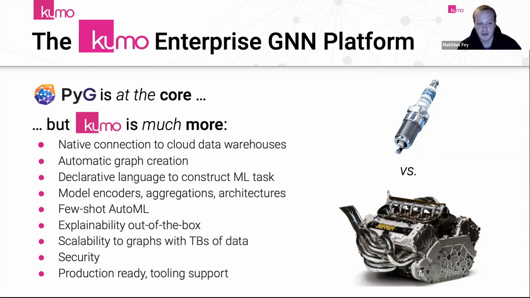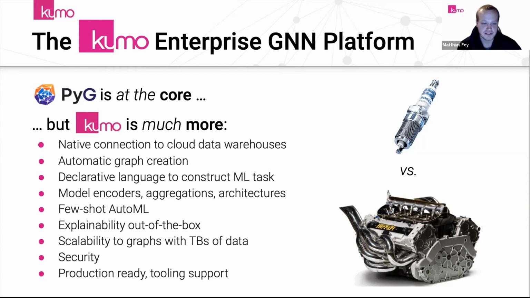We have super powerful GNN models, encoders, and aggregations that are actually designed for achieving stellar performance on databases. We have included AutoML strategies, which can basically achieve good performance in a featured manner.